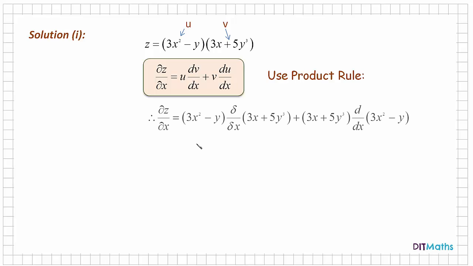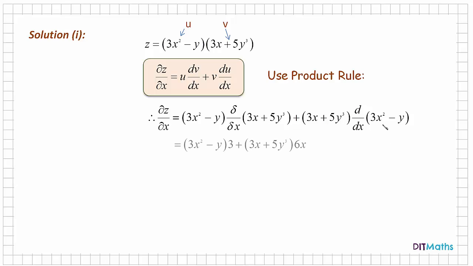So applying the product rule, dz dx becomes u, which is 3x squared minus y, times the derivative of v, which is 3x plus 5y cubed, plus v, 3x plus 5y cubed, times the derivative of u, which is 3x squared minus y. So differentiating 3x plus 5y cubed with respect to x and keeping y constant will give us 3.